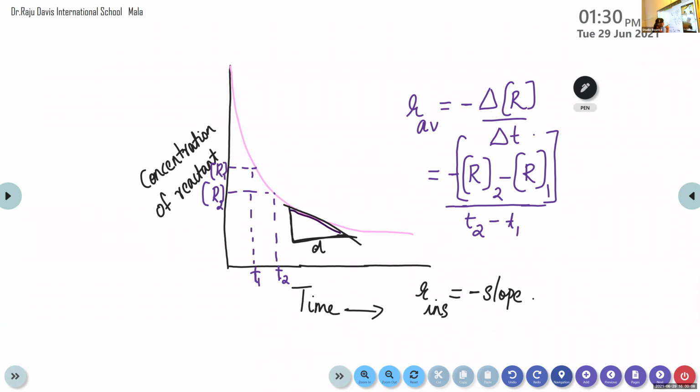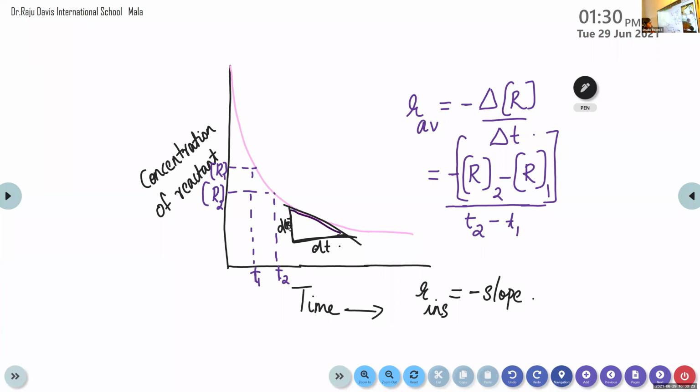This one is considered as dt and this one is dR. It's just a small portion we have taken, that means at a particular instant.